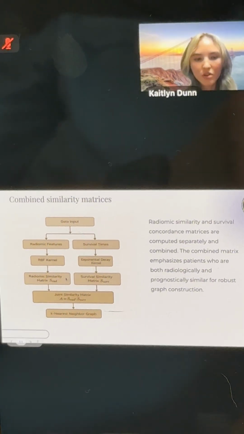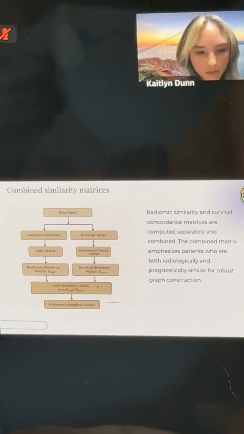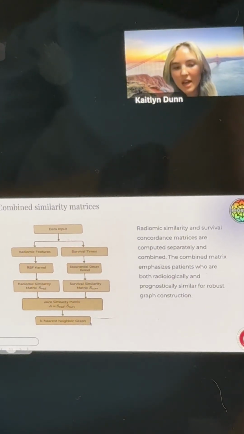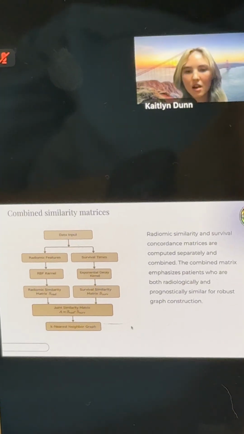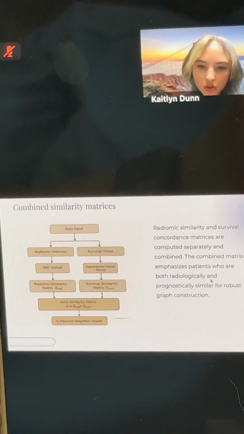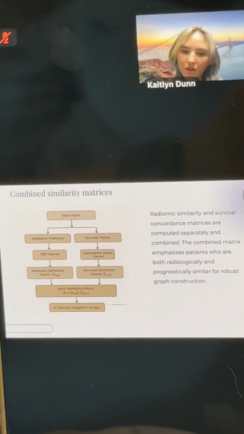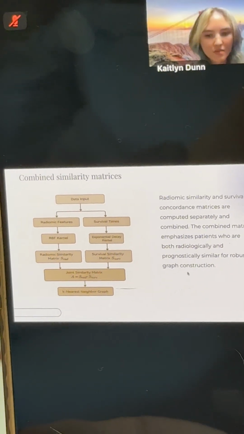And then the kernel converts that to a similarity basis. And then when you multiply those two together, the product is patients who are both radiologically and prognostically similar for this robust graph construction.